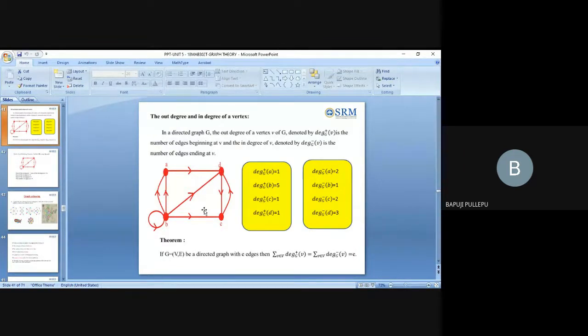From D, going out is only 1. But reaching D, how many are there? A to D is there, C to D is there, B to D is there. So in degree is what? Touching D. Coming from D means out, going away from D. Reaching to D means in, coming to this house.